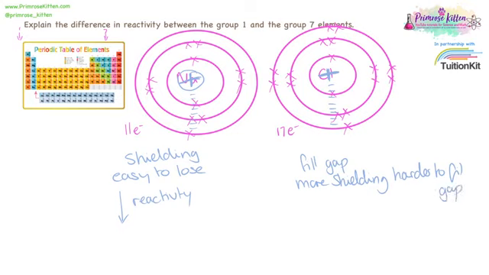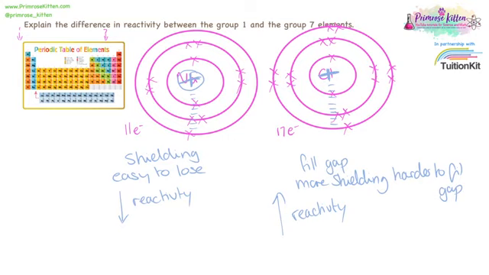Which is why reactivity is going to be highest at the top of the group, because there is going to be less shielding, so it's going to be easier for the nucleus to pull in an electron when there are less electron shells in the way.